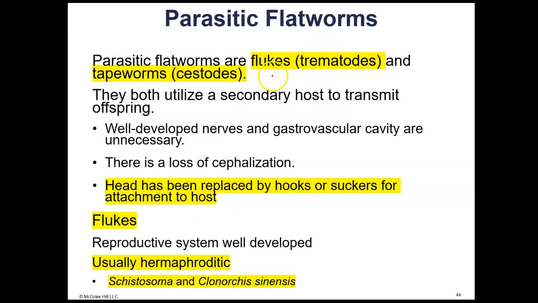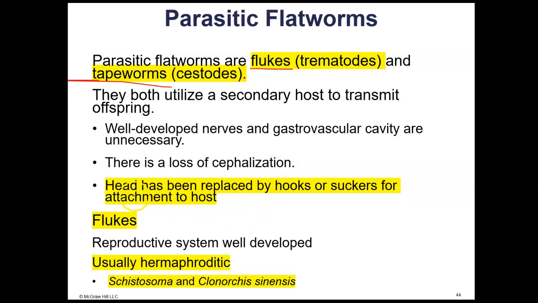Now, some other flatworms are flukes, which are known as trematodes, and tapeworms, which are known as cestodes. So our flatworm examples are going to be planaria, flukes, and tapeworms. And flukes are parasites. All flukes are parasites. And so are tapeworms. But the planaria are harmless. They are not parasitic.